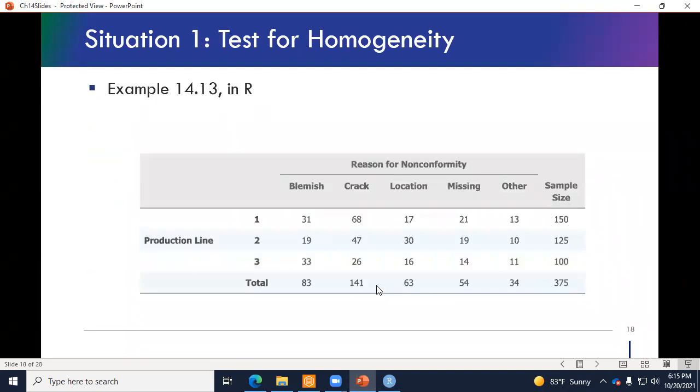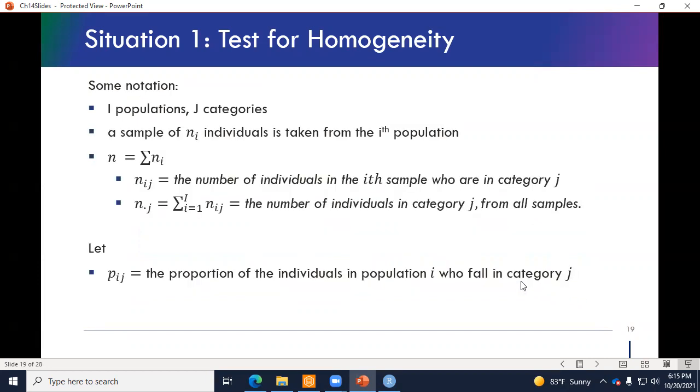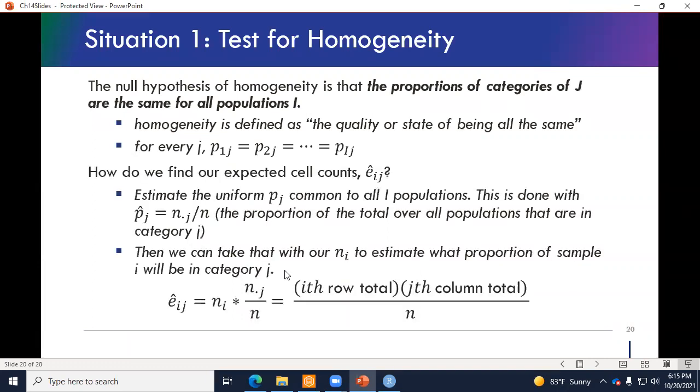For this one, you just use this times this divided by that. The total N is 375. So this is the formula to translate your observed counts into the expected.